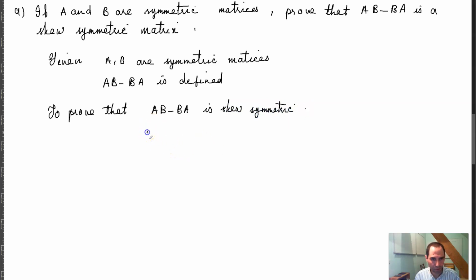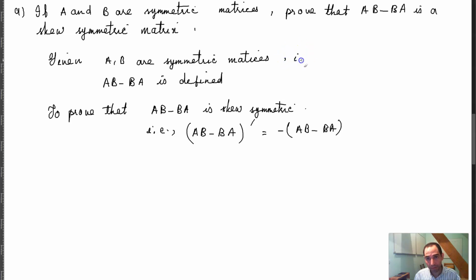Is skew-symmetric means that the transpose of AB minus BA is equal to negative of AB minus BA, by definition. And I know that A and B are symmetric matrices.